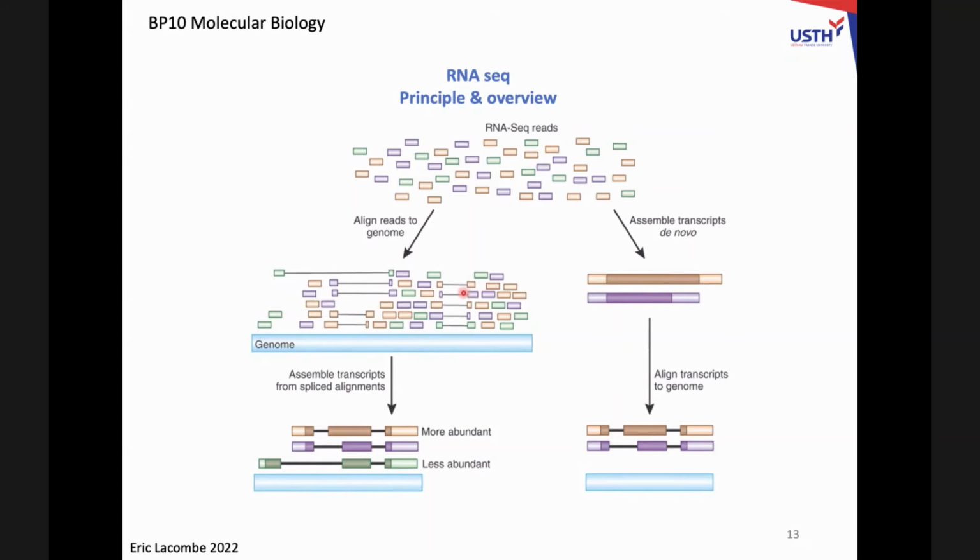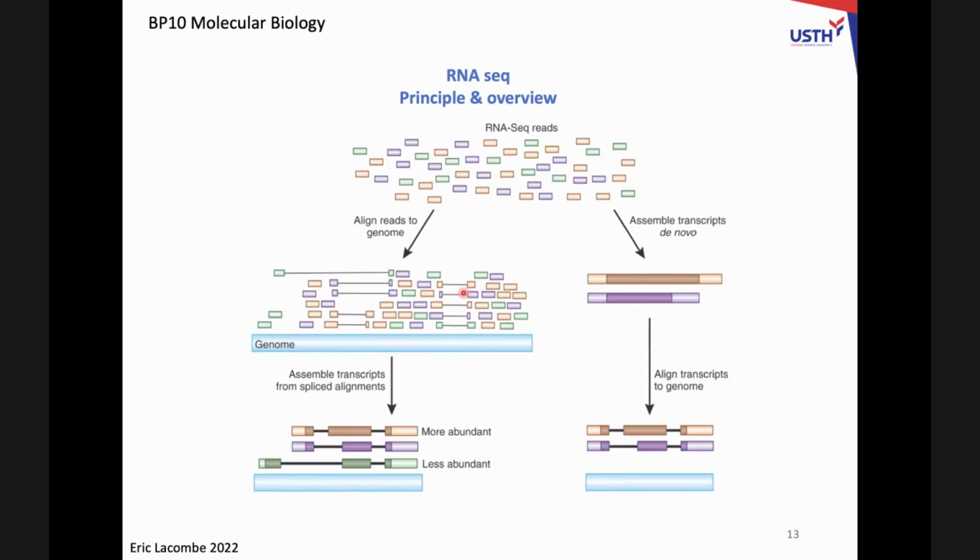So basically, you sequence randomly all the ends of the cDNA that has been chopped in pieces. And from that, it's very complicated to explain because this is done bioinformatically. You count the number of occurrences of one sequence compared to the others.